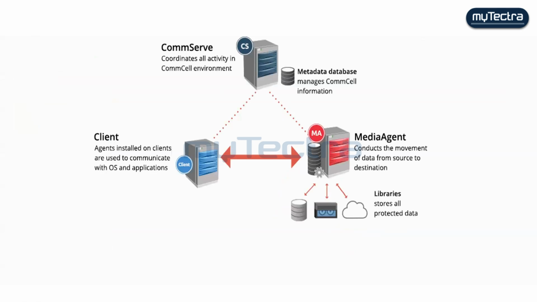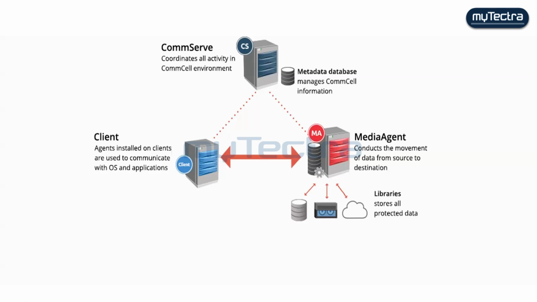No problem. We'll go from the basics, the ComServe. According to the definition, it coordinates all activity in the ComCell environment. So what exactly does ComServe mean? Here we will have one certain server, and we are the ones who define that particular server to act as our ComServe server.